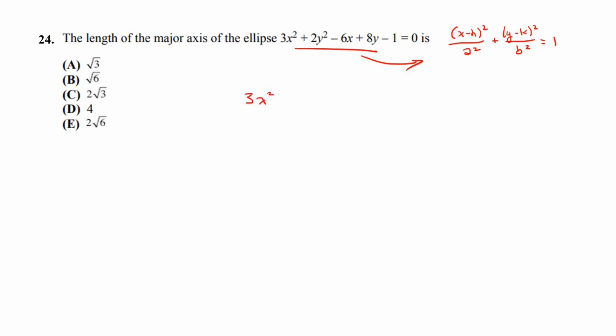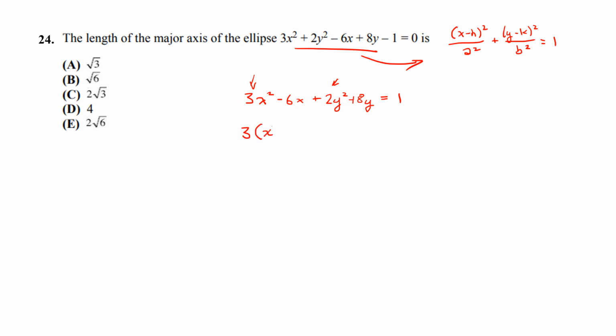Let's group up our x values and our y values and put the 1 on the other side. Let's factor out our coefficients so that we can do completing the square, because a has to be 1, our leading coefficient.